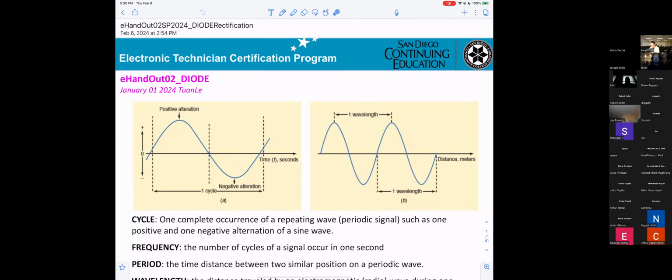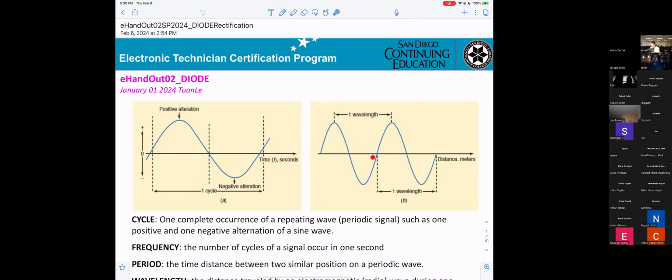When the signal goes up, goes down, and goes up again, that's one cycle or period. And this is the time domain, which means the signal varies with time.